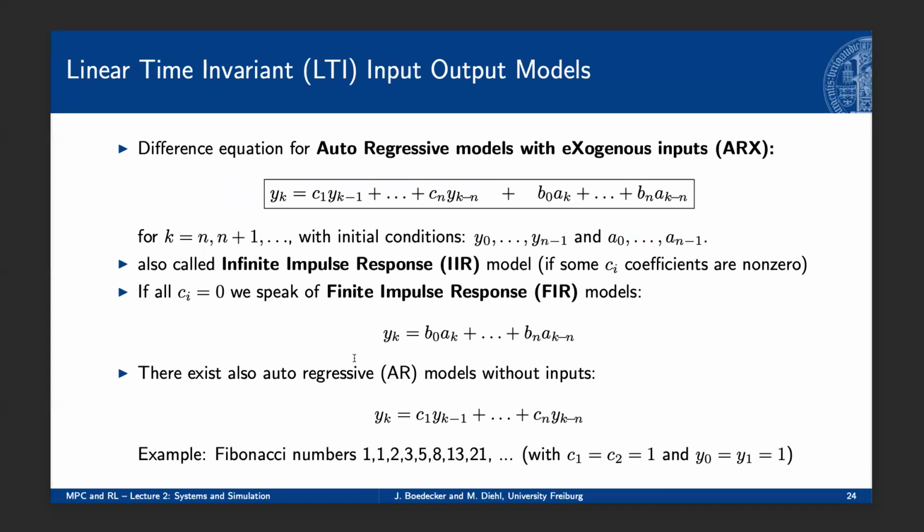I want to directly go to linear time invariant input-output models, which are a very widely used class also for linear model predictive control. And the main idea here is that this map H, as I called it before, is represented by a linear combination of the past measurements and the past control actions, and the latest control action enters via this term.